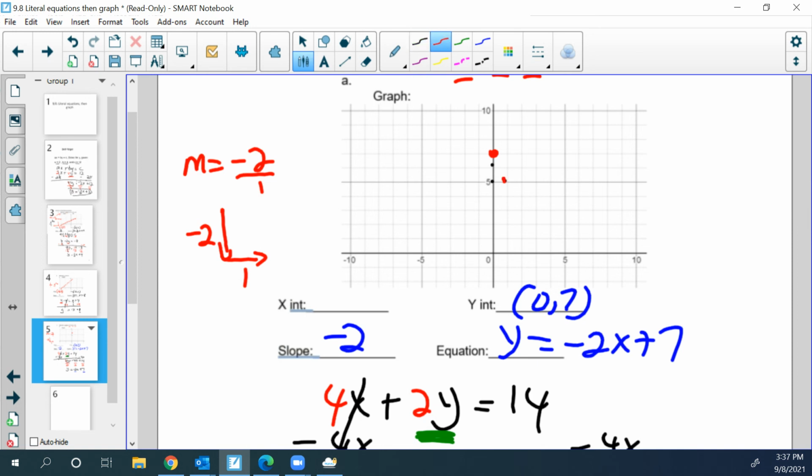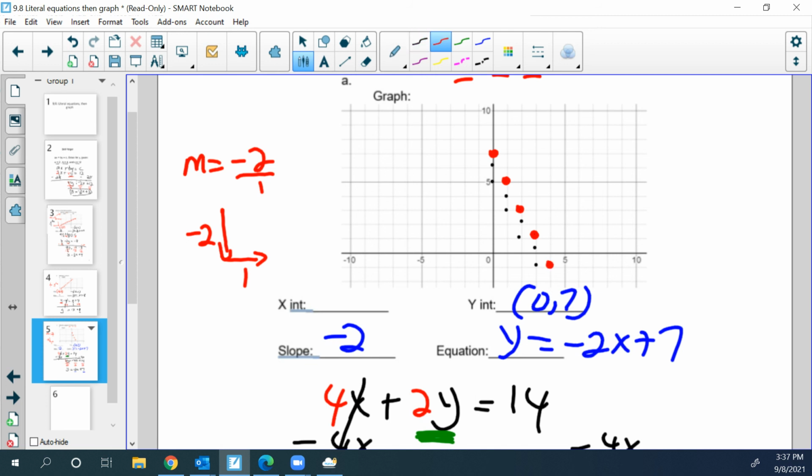That's my second point. Down 2, to the right 1. That's my third point. Down 2, over 1. That's my fourth point. Down 2, and over 1.